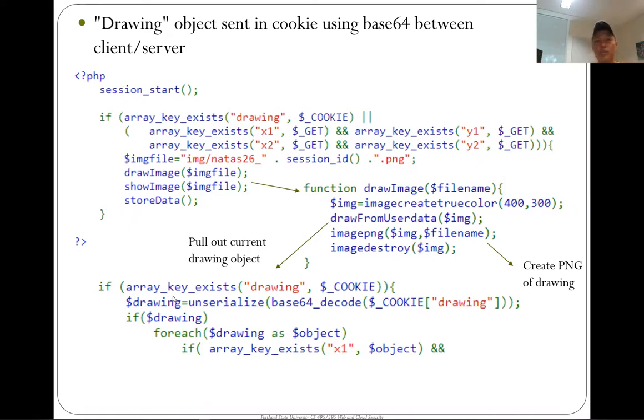This isn't the complete code, but that's basically what this sequence is doing. It's taking all those coordinates and making the drawing, and then it exports that drawing into the file system as a PNG.